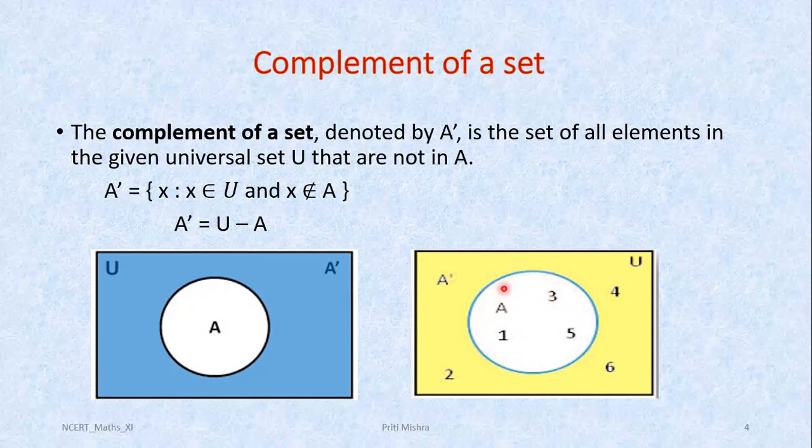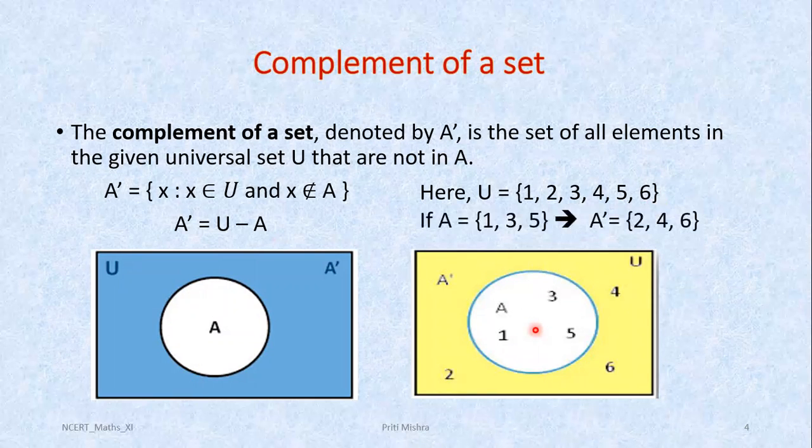Here you can see set A has elements 1, 3, 5, and set U has elements 1, 2, 3, 4, 5 and 6. Now A is this, so A complement will have elements which are not a part of A, means 2, 4, 6 will come in the set A complement. So this is the representation of complement of set A.